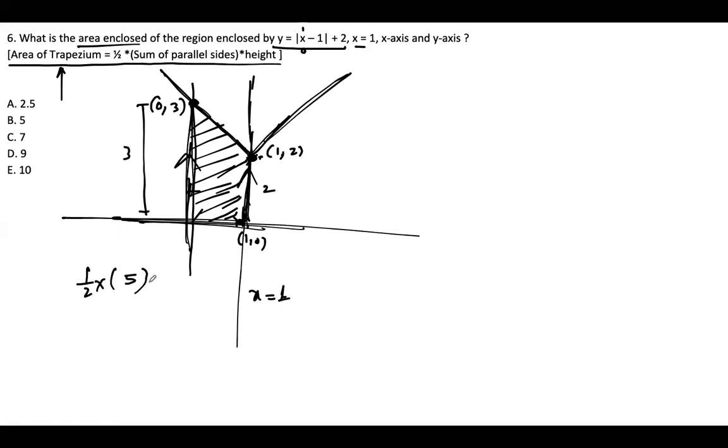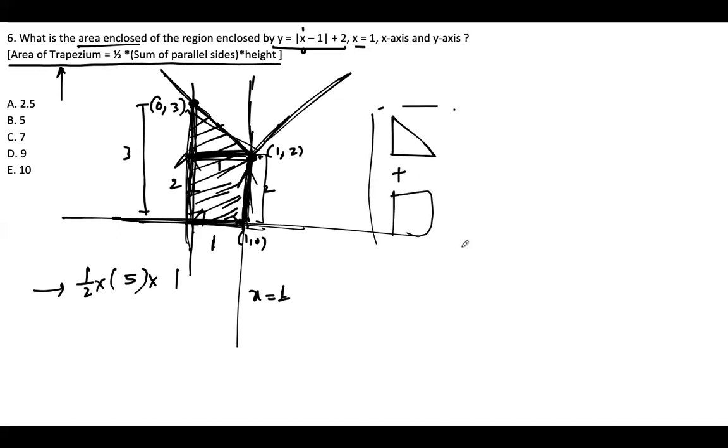Not a problem. So half of the sum of parallel sides into what is the height? 1. You could have also done it by dividing the figure into two parts. This will be a triangle, and this will be a rectangle or a square? Rectangle. So area of triangle plus area of rectangle will give you the answer.